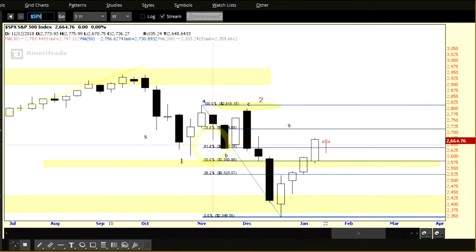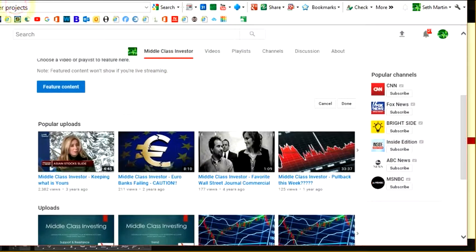It's 61.8%. And what Fibonacci is, maybe we should talk about that a little bit, is the ratio between certain Fibonacci numbers. There's a Fibonacci sequence. It goes 1, 1, 2, 3, 5. In fact, let's just pull it up real quick.